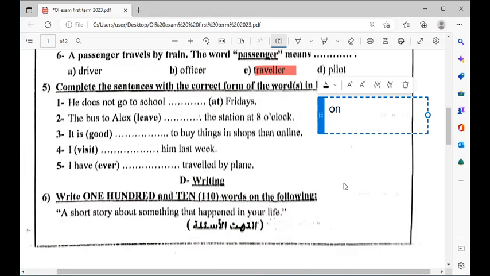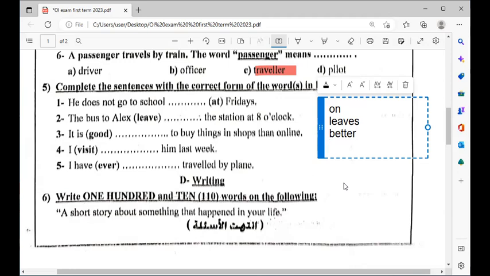We said before that for scheduled events, we use the present simple. So the bus to Alex leaves. Number 3, it's good to buy. This is a comparison, so this is an exceptional case. So we say it's better. It's better to buy things in shops than online.